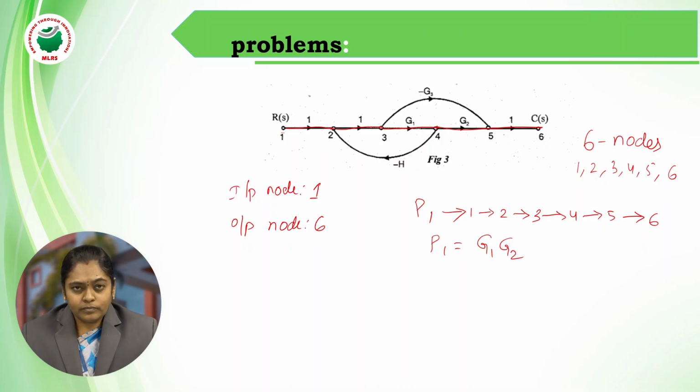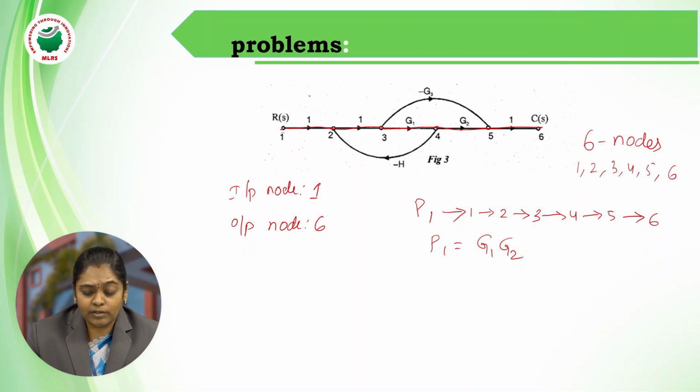Similarly, check whether you have any other paths where the signal starts from 1 and ends at 6. If you observe here, there is a path 1 to 2, 2 to 3. After going to 3, instead of going 3 to 4, it goes directly from 3 to 5. So the second forward path is P2.